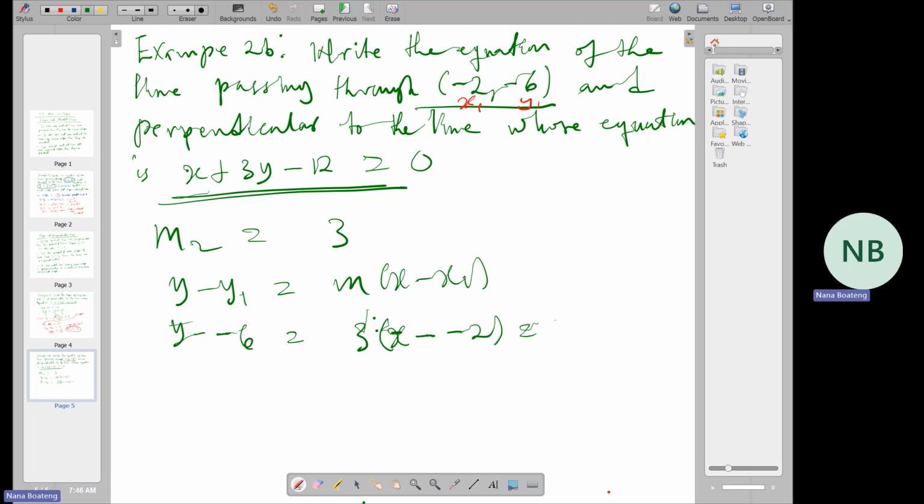So this becomes 3 times x plus 2, and we have y plus 6 is equal to 3 times x plus 2.